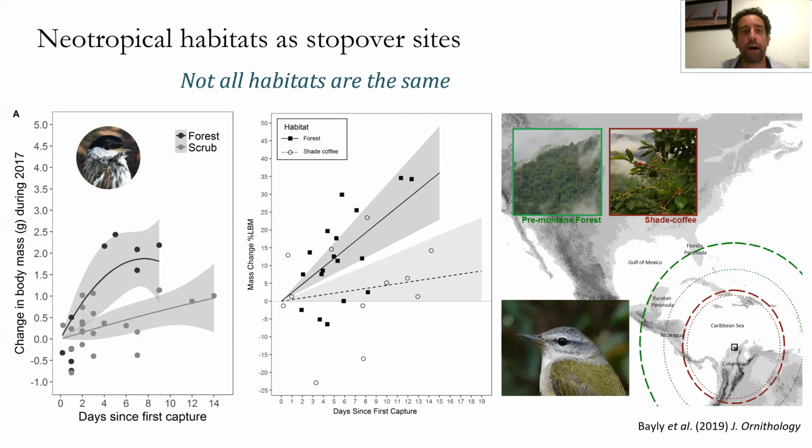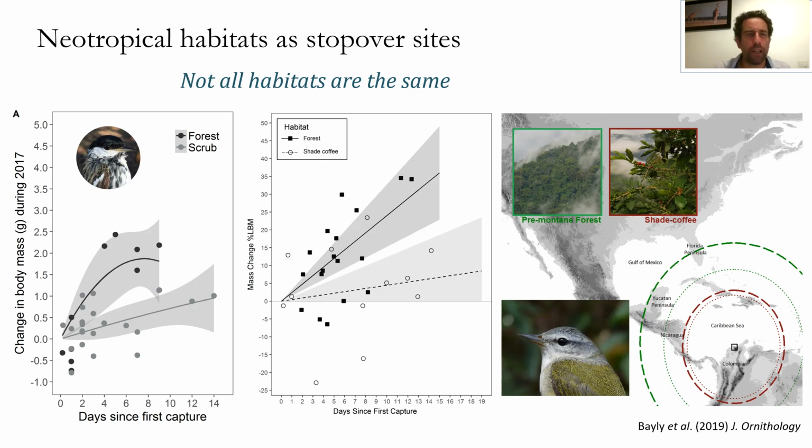And what we've also been finding, and it's not surprising after what I've just said, is that not all habitats are the same. Some are providing more resources than others. This is really interesting to explore, both in understanding what habitats birds are using, but also from a conservation perspective. So here on the left, we come back to our example of blackpoll warblers landing on the Guajira Peninsula in Colombia, and you find these very subtly different habitats.